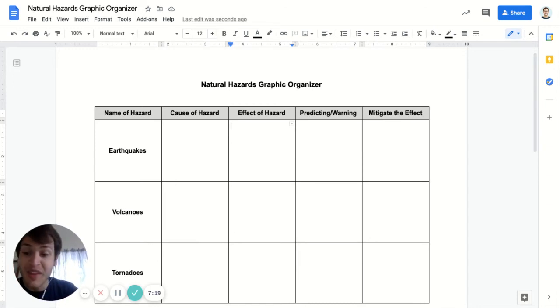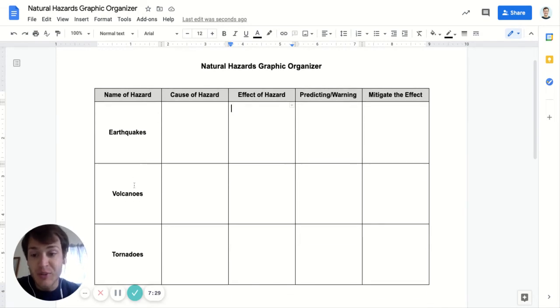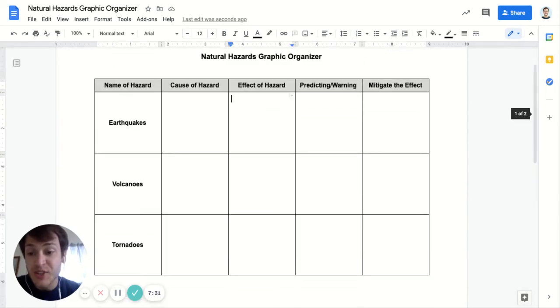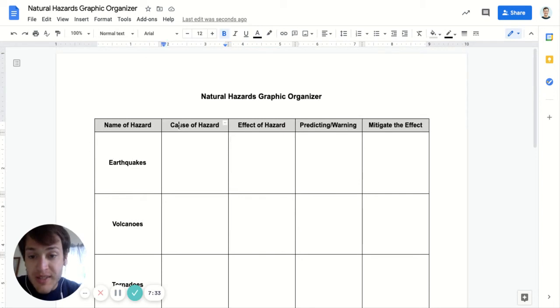This one does not. And that's because we're going to be using it for multiple lessons. So throughout this unit, we're going to keep adding to this Natural Hazards Graphic Organizer. As we talk about earthquakes, volcanoes, tornadoes, and hurricanes, we're going to decide what the causes of those hazards are, what the effects are, and how we can predict or mitigate the effects.